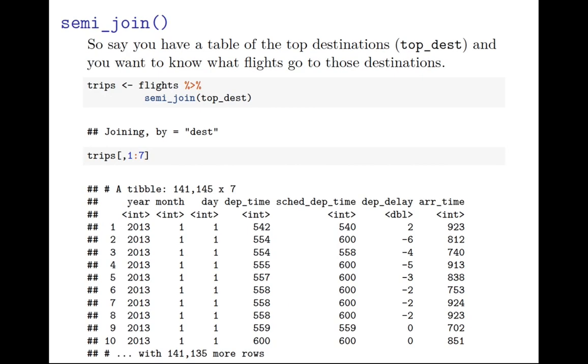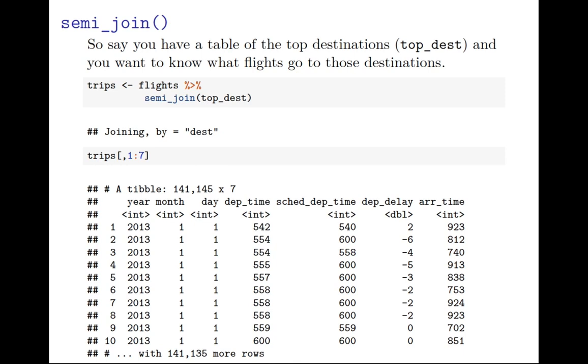And so a little bit about semi-joins. Say you have a table of the top destinations. I've made it under the hood, it's called top_dest, and you want to know what flights go to those destinations. So you can create a data frame called trips where you semi-join flights and top_dest, and this is joining by dest. And here you can see the result.